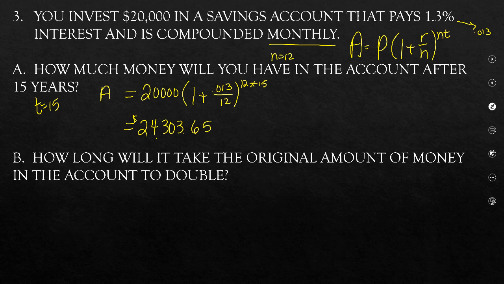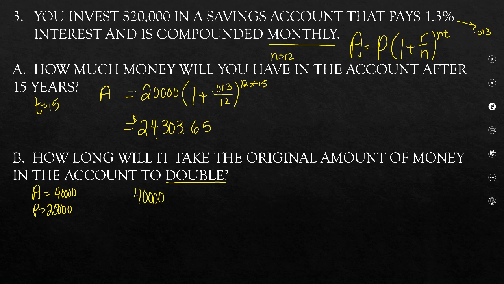All right, now we want to know how long it is going to take for the entire amount of money to double from the original. So if my initial investment is $20,000, my doubling would be $40,000.